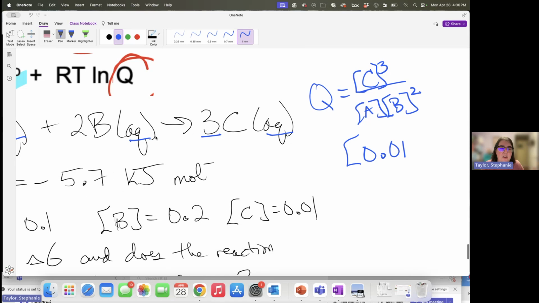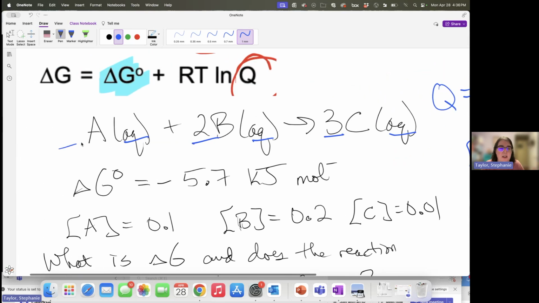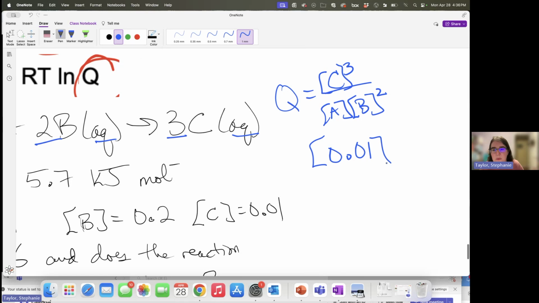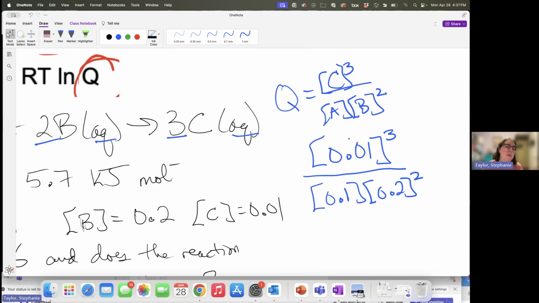All of my coefficients I'm using as exponents for my Q expression. So I can take the amount of C, and that's cubed, divided by my A, divided by B squared. This is usually one of the big things with dealing with Q, is to remember that we still use exponents.